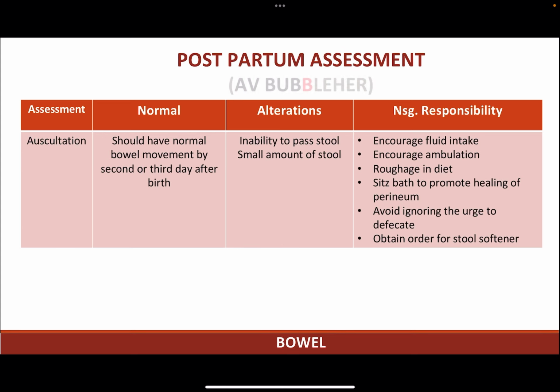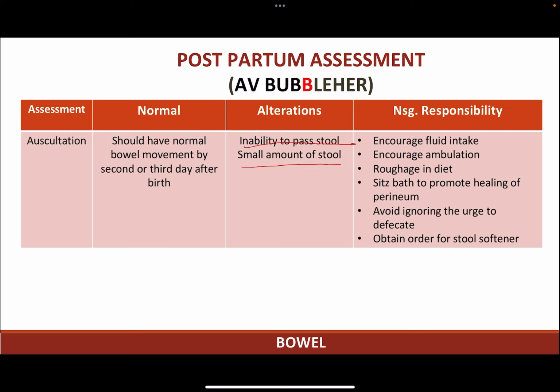Under the bowel, upon auscultation, in the normal, it should have a normal bowel movement by the second or third day after birth. But in alteration, there is inability to pass stool or only a small amount of stool.